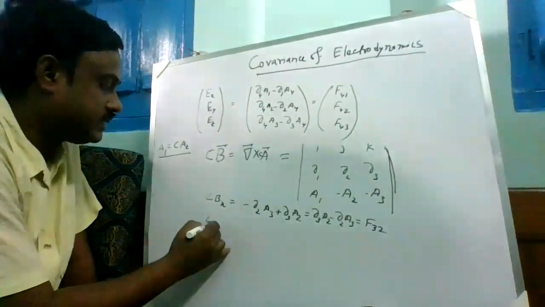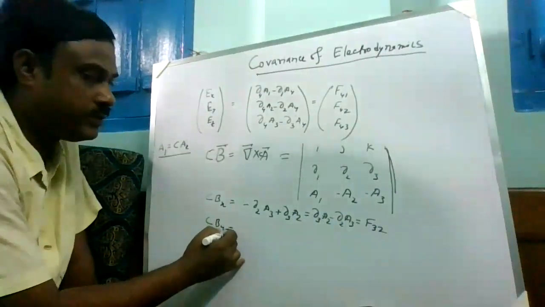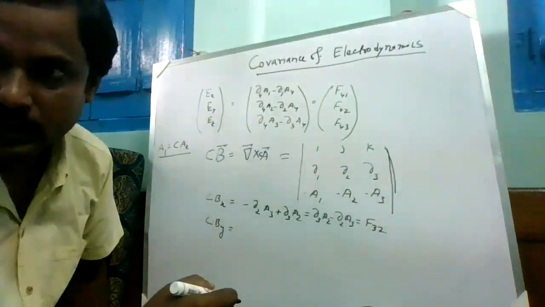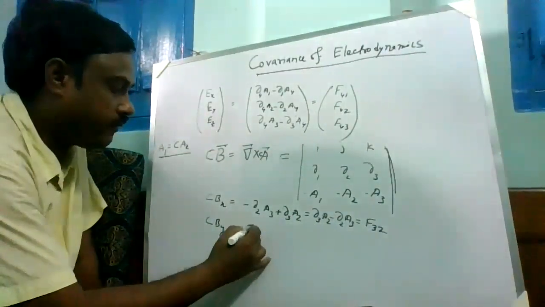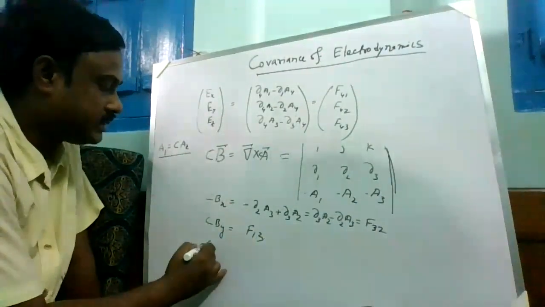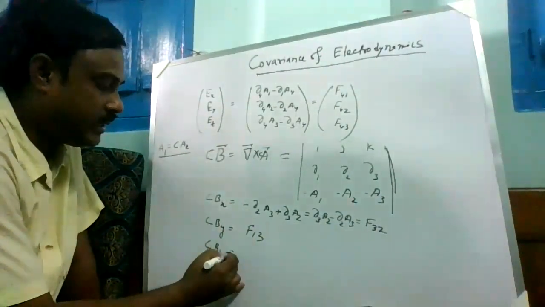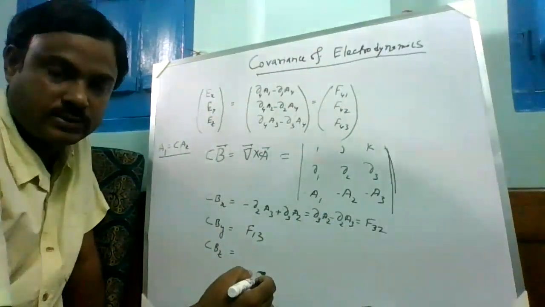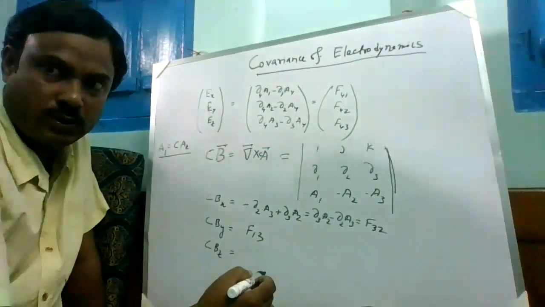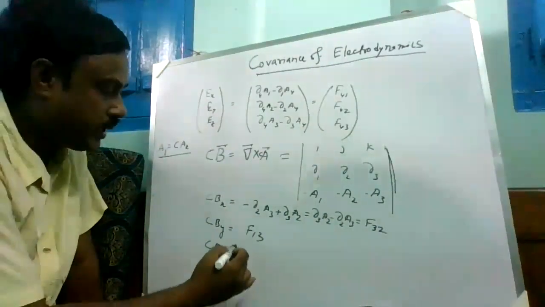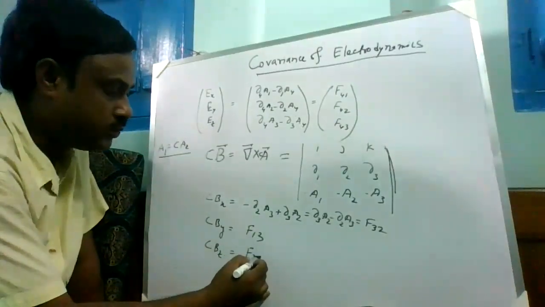In the same way, CBy will be equal to, if you perform this, F13, and CBz, I'm leaving it as an exercise to you. Do it in your own hand. It will be equal to F21.